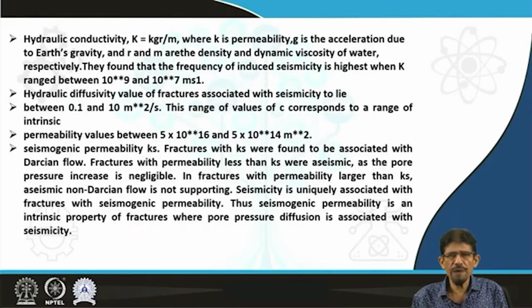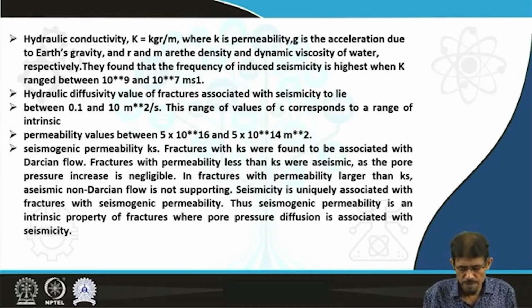One of the parameters responsible for generation of seismic waves is hydraulic conductivity, and hydraulic conductivity we can easily calculate with this formula: K capital is equal to small k g r by m, where k is permeability, g is acceleration due to gravity, where r and m are the density and dynamic viscosity of water respectively.